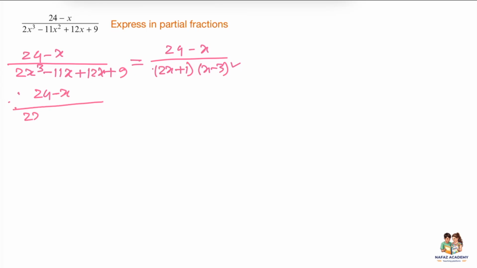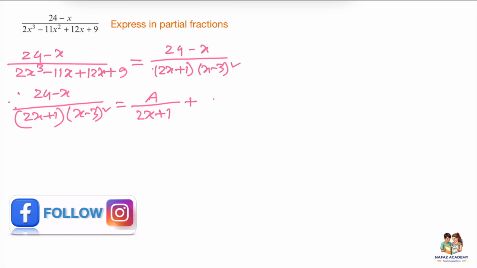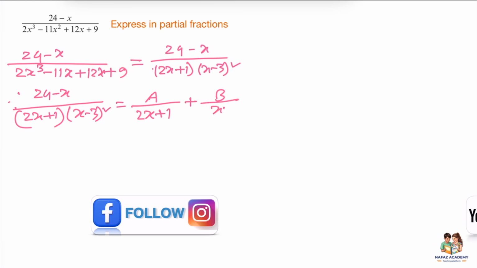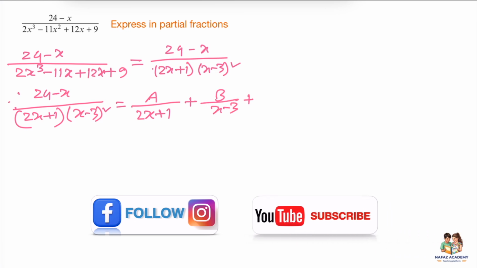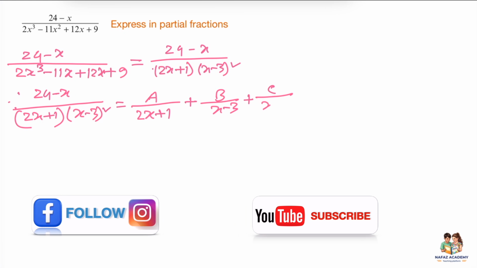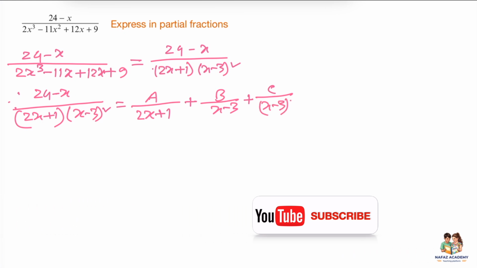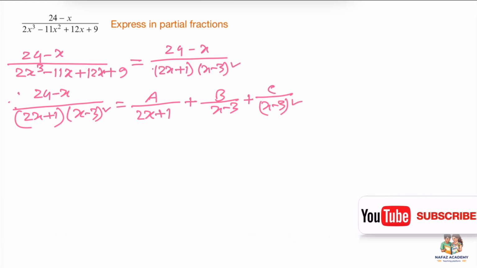Now for partial fraction you have to write 24 minus x over 2x plus 1 times x minus 3 squared equal A over 2x plus 1, plus B over x minus 3, plus, for the squared factor, it is squared.